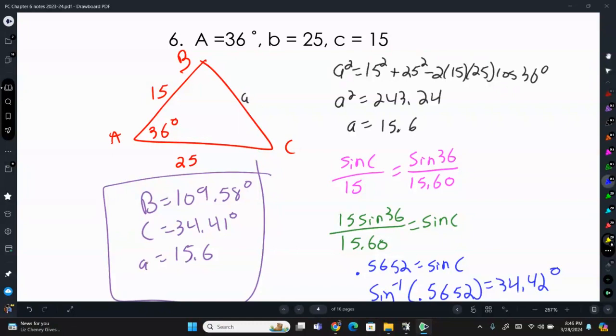Our first step yesterday was to find our missing side, A, and then since we knew all three sides, we could find the smallest angle from that and use the inverse sine. So because we approached the problem that way, we didn't have to worry about the other angle when we do the inverse sine.